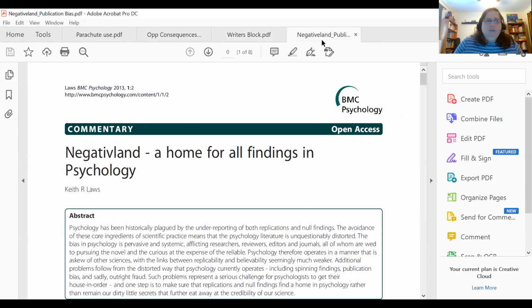"Negative Land: A Home for All Findings in Psychology." I am showing you this one because what I'm talking about here is, what if your hypothesis does not turn out to be supported by the data, by your results? It may not. And if that happens, I don't want you to worry. First of all, it does not impact your grade.